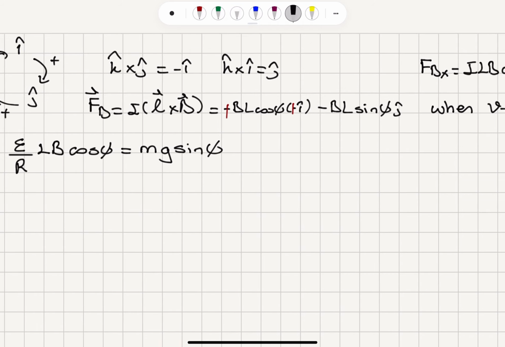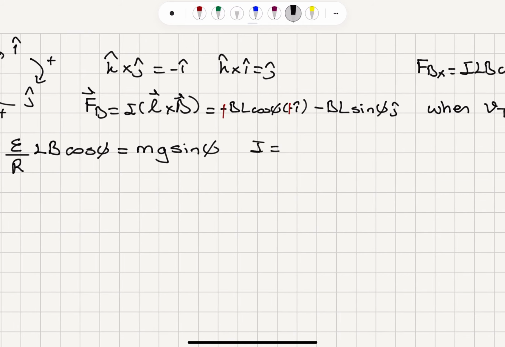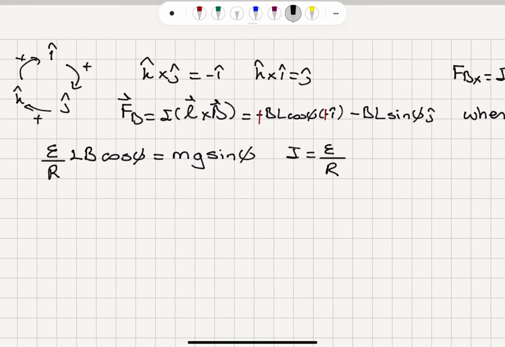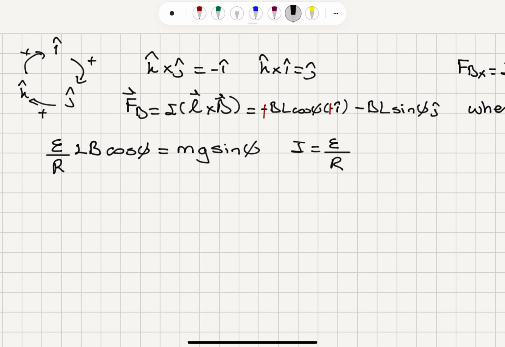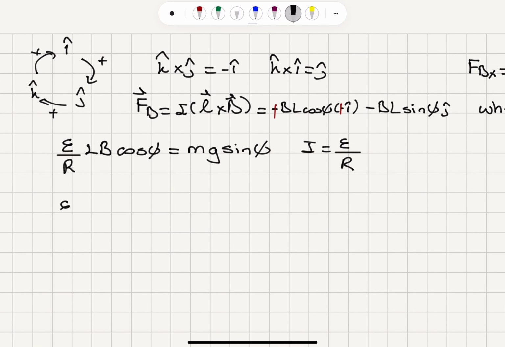So here the current is the induced EMF epsilon divided by R. The induced EMF epsilon, on the other hand, is L times V terminal cross product with the magnetic field.